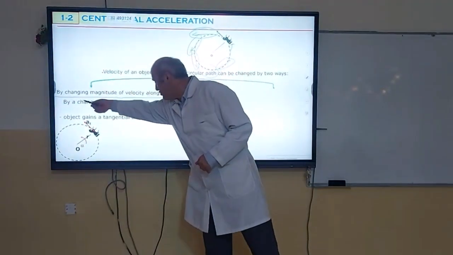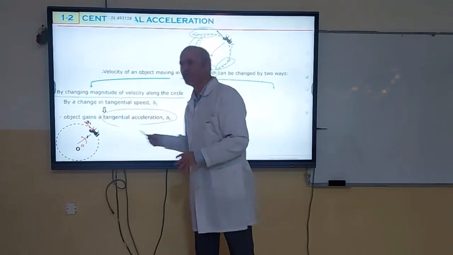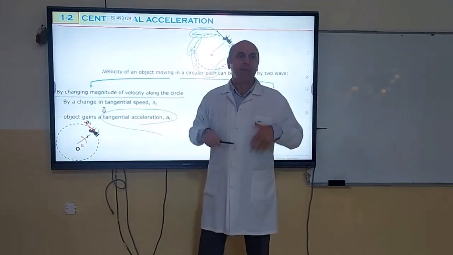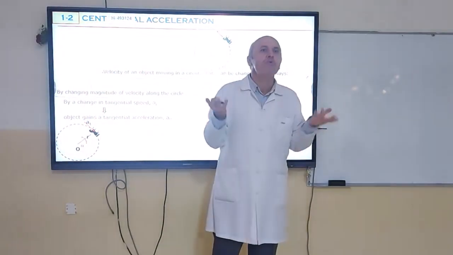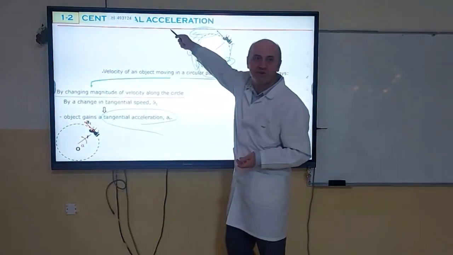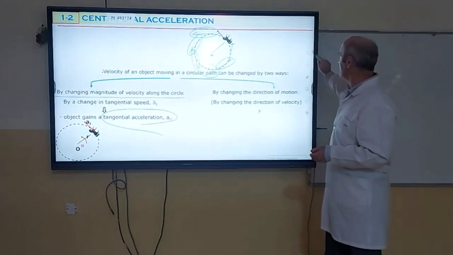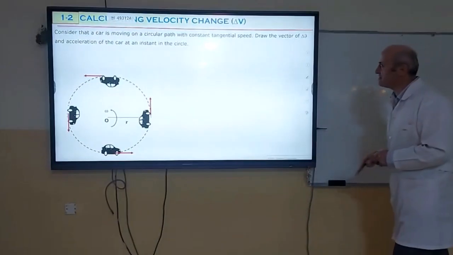So by changing magnitude of velocity, we calculated tangential acceleration. But by changing direction of the motion, we are going to calculate a new type of acceleration, which is going to be named what? Centripetal acceleration.